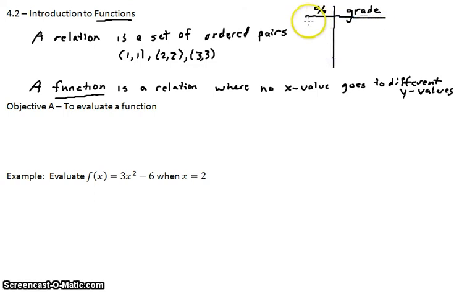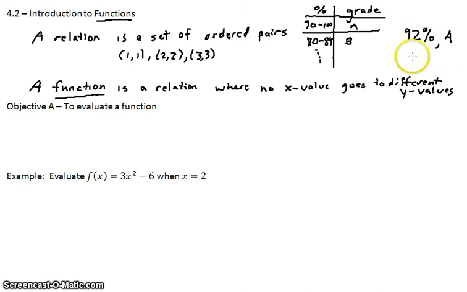Now I'm not going to get into pluses or minuses, but if you have a 90 to 100%, you get an A. So whatever percent you get, you're not going to get anything else but that grade. And the same thing is true from 80 to 89. You're going to get a B. And the same thing is true. So if you get a 92%, you only get an A.